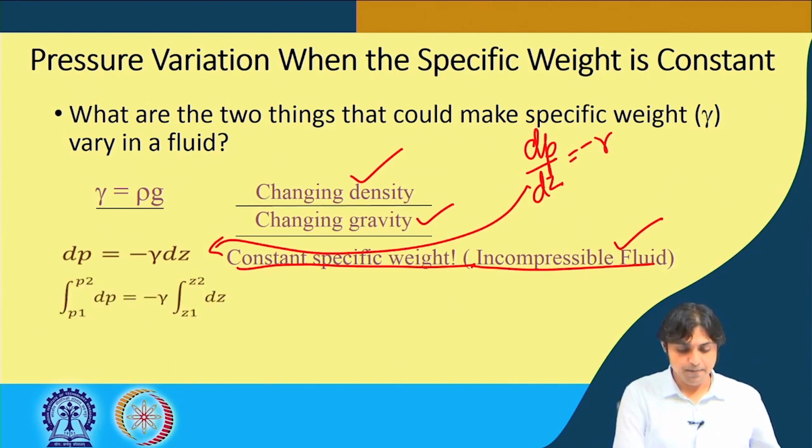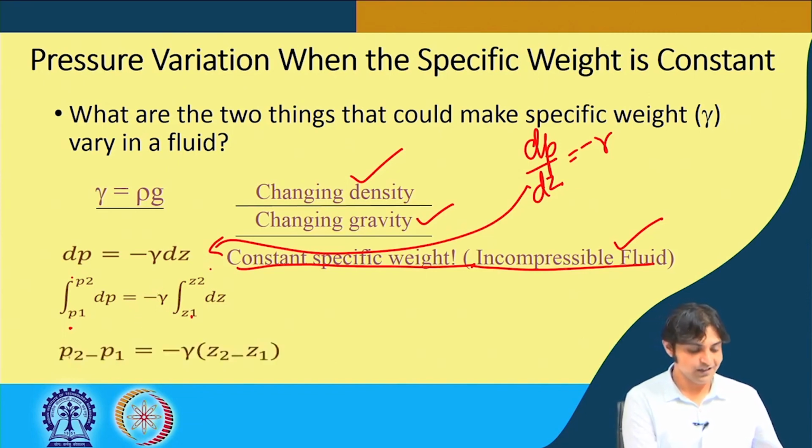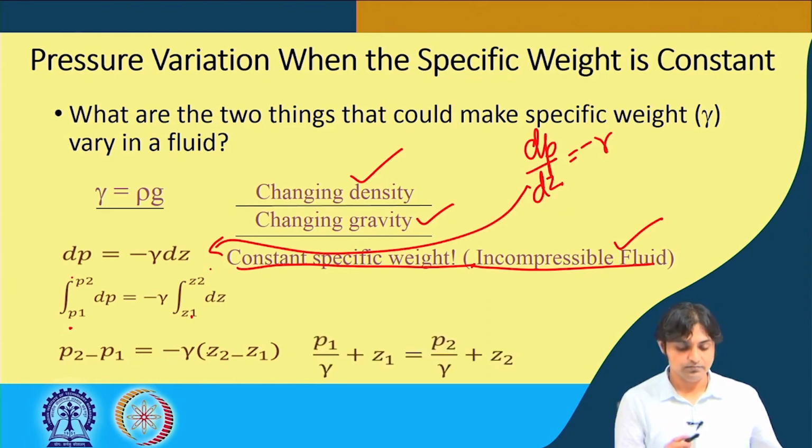So if it is incompressible fluid, we can simply integrate from P1 to P2 and from Z1 to Z2. Because gamma is constant, we can take it out of the integration, and we can write P2 minus P1 is equal to minus gamma into Z2 minus Z1.